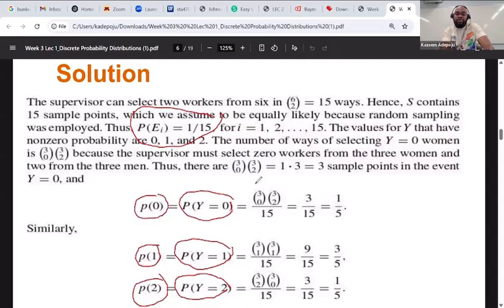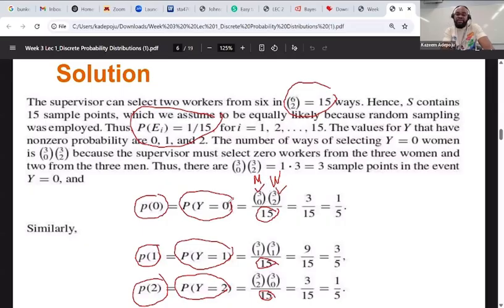Now, how are we going to know? Call this one men, call this one women. Now take a look at this. The denominator is the same, it's 15, which is the possible number of ways of choosing two out of six using combinatorial analysis. But in the numerator, if I have men and women, we have three men and three women.